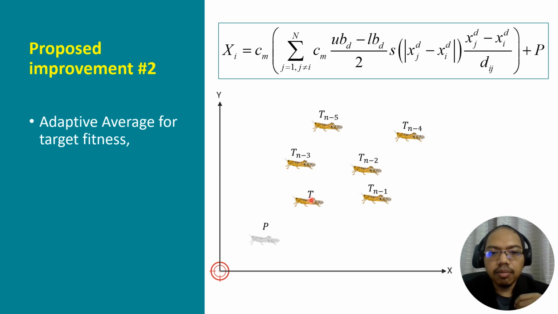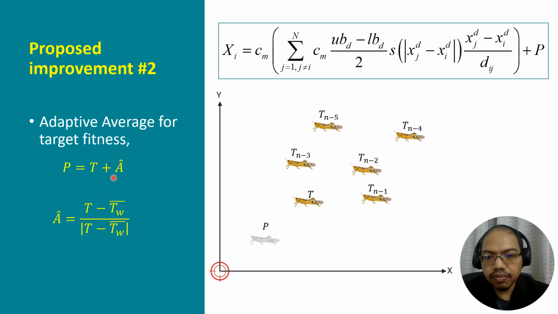and then based on the value that we have for T, right, we are going to calculate based on the average value. So here, the P is the current position of the grasshopper with the best fitness value. What we do is that we're going to add it with A. So A here is actually this equation where we take the value for T, we subtract the average value of T for a certain window size.